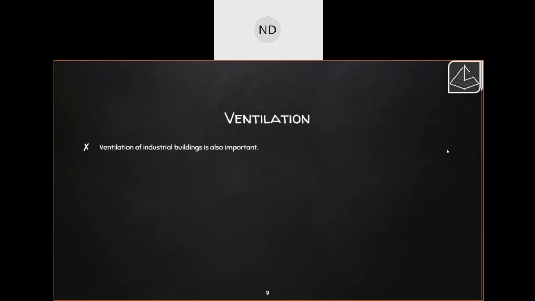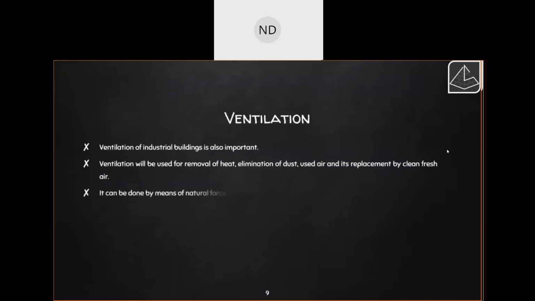Now let us talk about ventilation. Ventilation of the industrial building is important because it is used for removal of heat, eliminating the dust created inside, and circulating the air properly. It can be done by natural forces such as aeration or by mechanical equipment like fans.